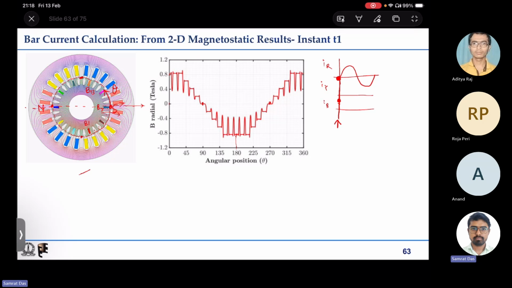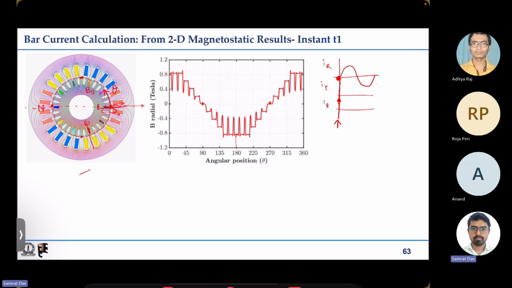Say it is the t equal to 0 instant. Rotor bar B7, say it is at theta equal to 0, and B1 has to be, if B7 is 0 degree, at 6 slots before. How many slots do we have? We have 30 slots on the rotor.